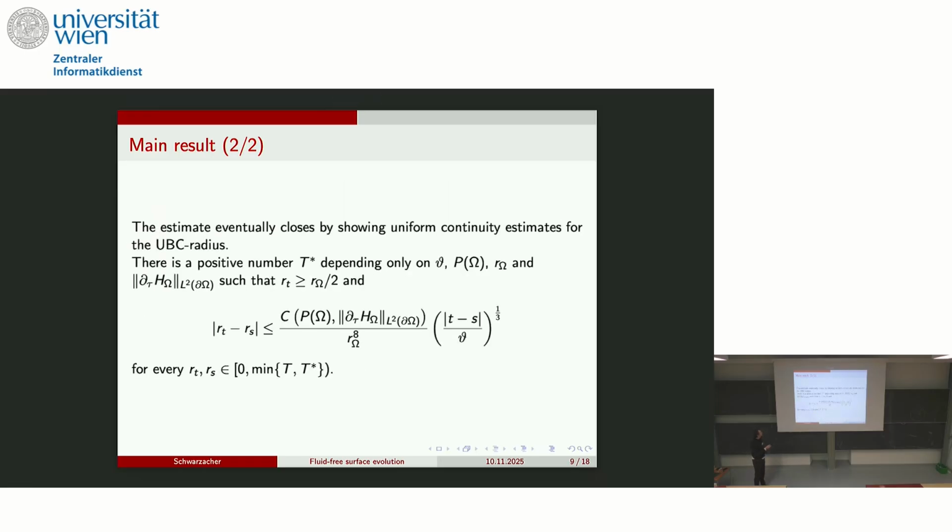You can actually prove independence of this quantity, that you have a continuity of this inner ball radius. And this R_T is the maximal radius such that you have an inner and outer ball condition. This is what defines R_T, and you can show that it's continuous with respect to time. Okay, so this is the main result.